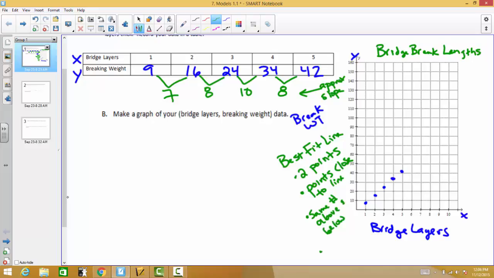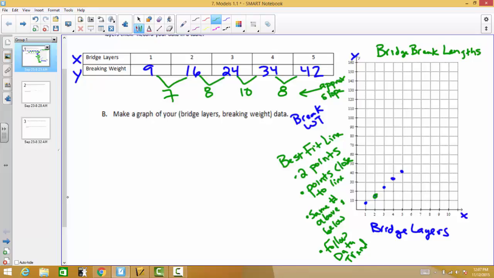And it has to follow the trend of your data, like the pattern. So it might not be linear. This one definitely looks linear, but it might be a best fit curve, so you need to follow the trend of your data.